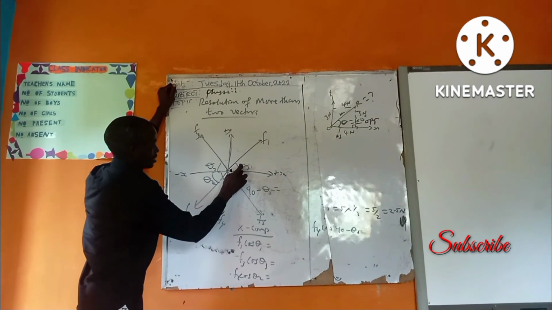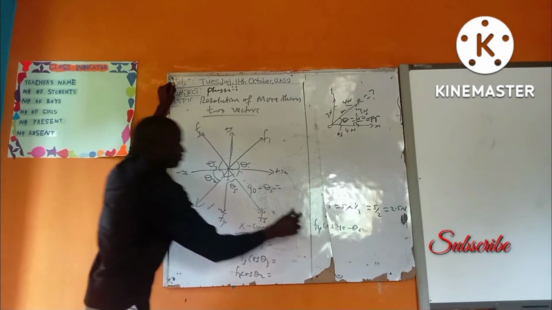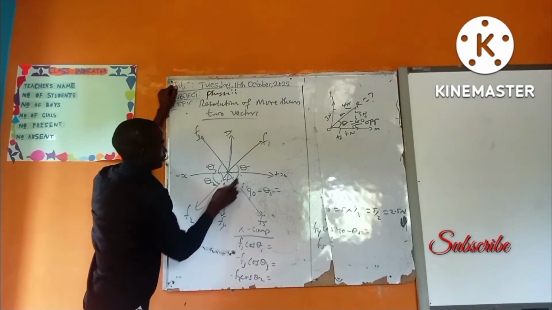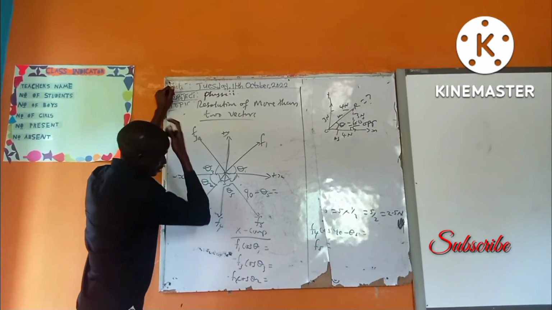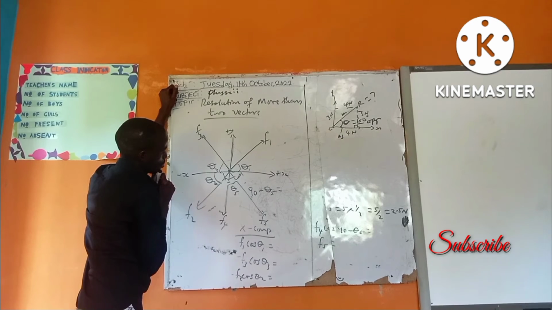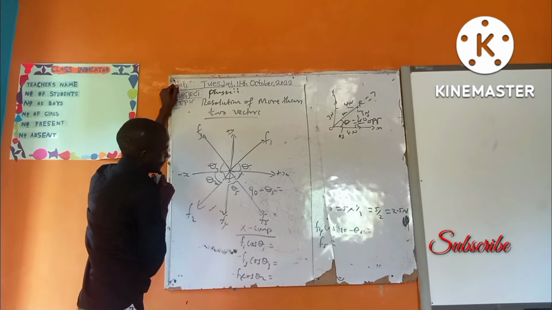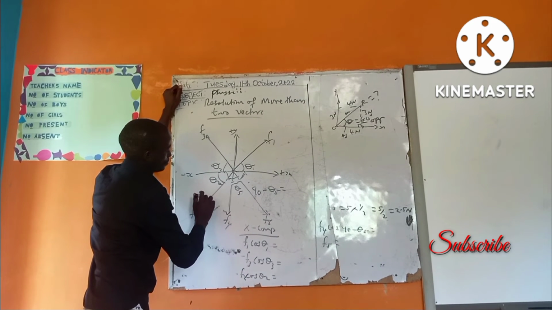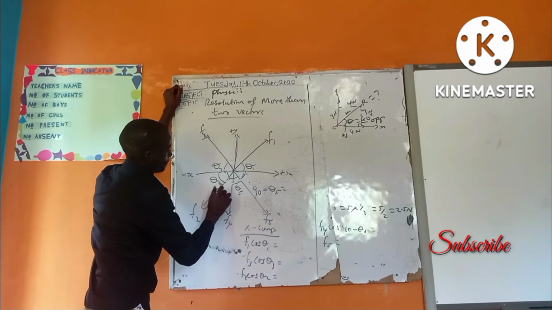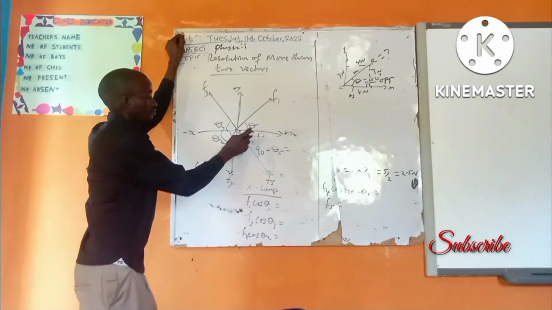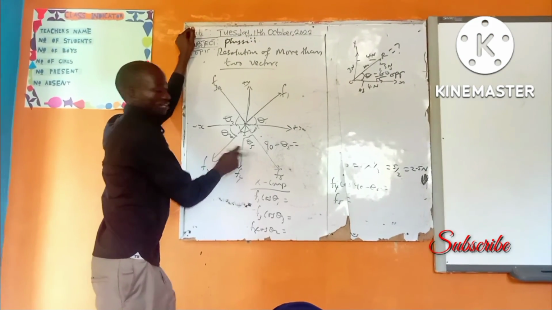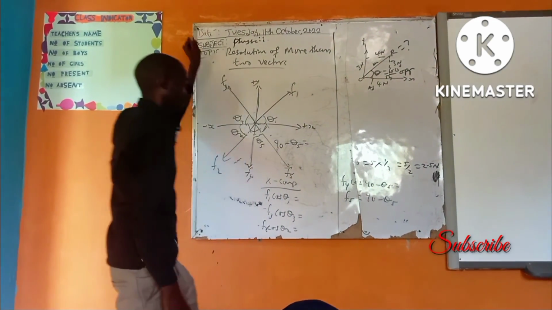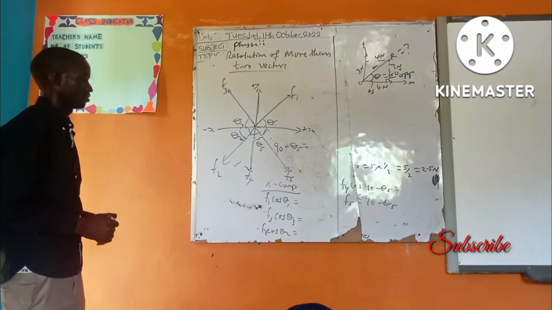From here to here is 90 minus theta 5. Now F5 is what is left here. For us to get this, it's still 90 minus theta 5, the same thing. That's for the horizontal axis.